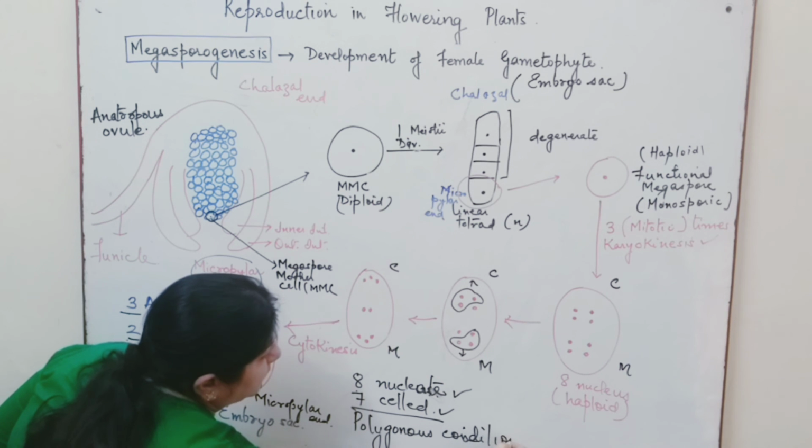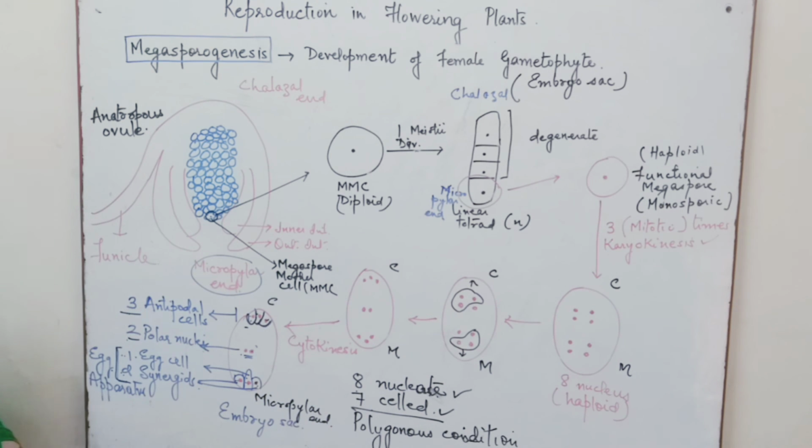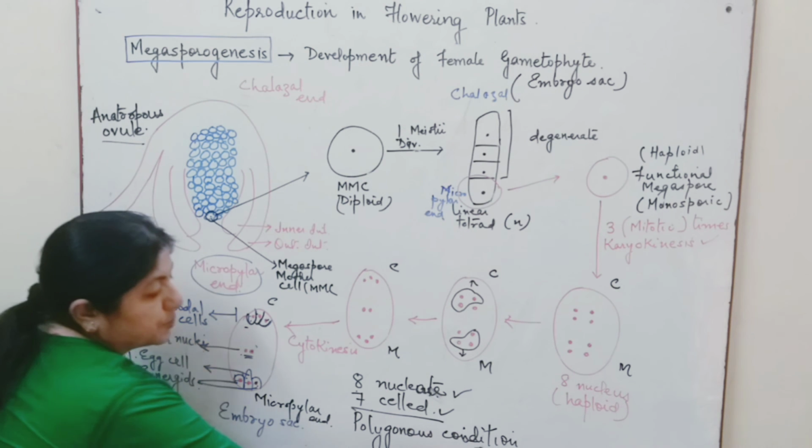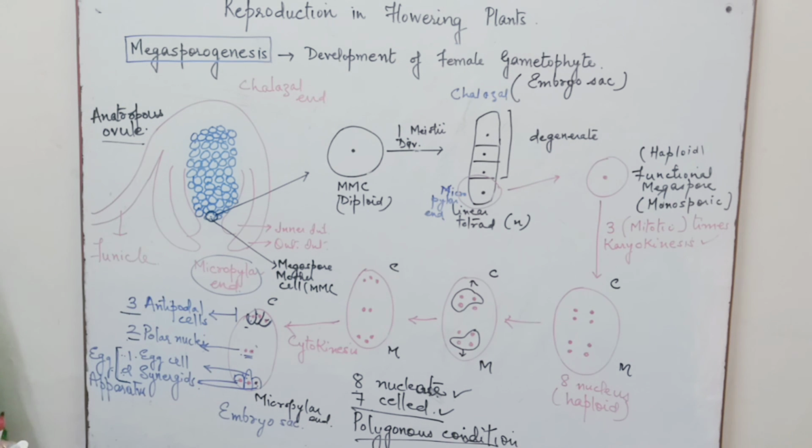So here, if we ask what is meant by the polygonum condition in the angiosperm ovule, it means it is 8-nucleated but a 7-celled structure, and it is monosporic because it is formed from 1 megaspore.